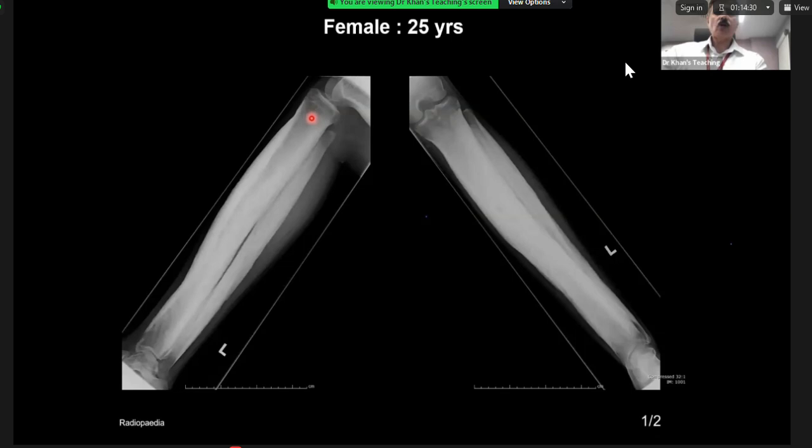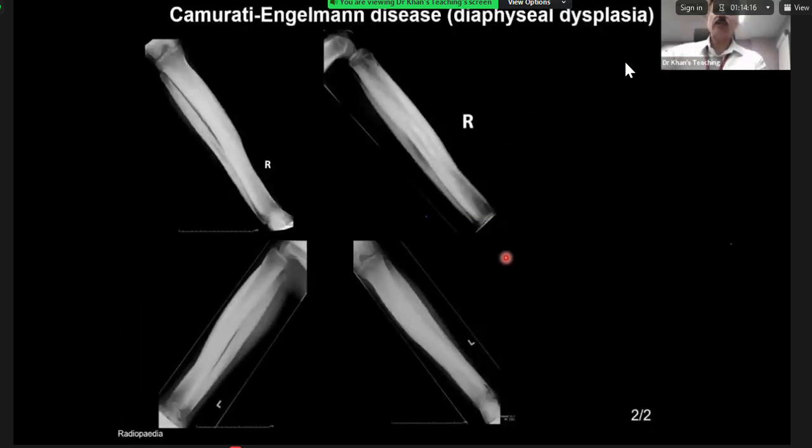It is normal, but there is sclerosis. Just like the previous case, but it's more bilateral and symmetrical. Same thing happening in the tibia, same in the fibula. And if you go to the other side, this is the right and this is the left, and you can see the same thing. This is for the differential of sclerotic bony dysplasia. And this is what we call Engelmann's disease, diaphyseal dysplasia. If you remember diaphyseal dysplasia, automatically it tells you what it is.